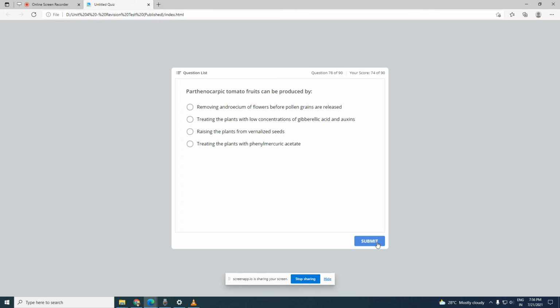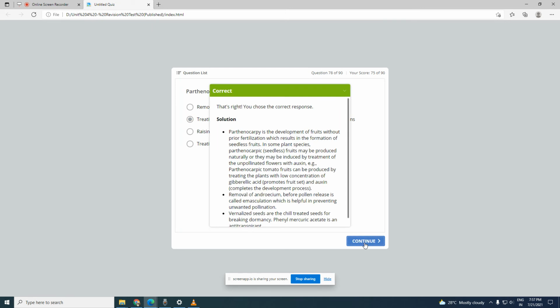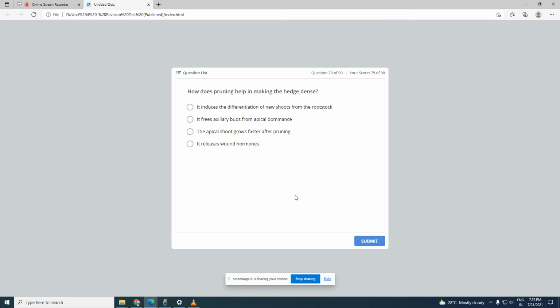It's very tough to pronounce. The right answer is treating the plants with low concentrations of the gibberellic acids and auxins. Next question: how does pruning help in making the hedge dense?